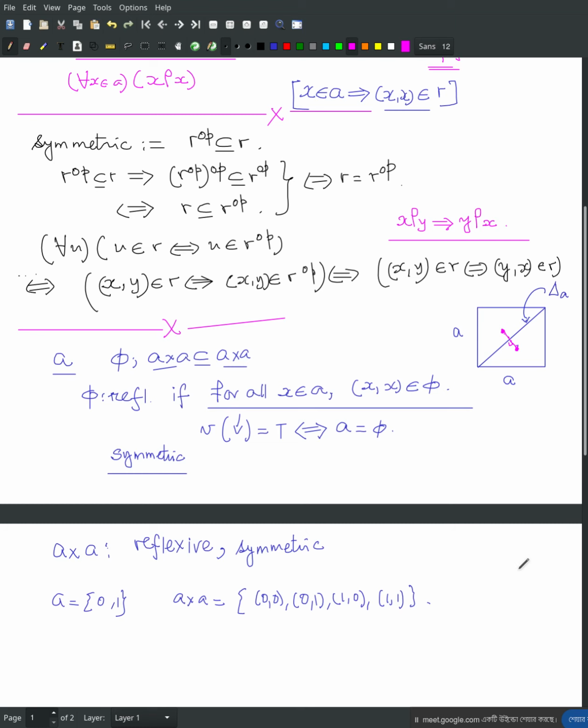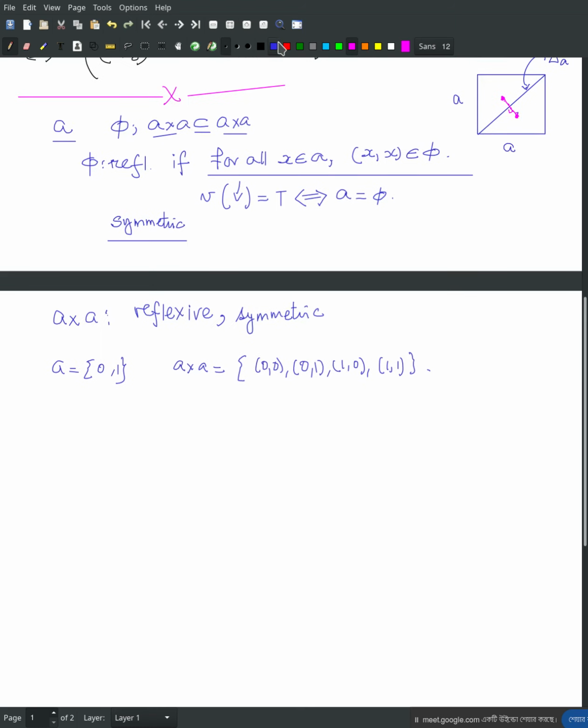So any general relation looks like this. In this schematic shape, this is the diagonal.